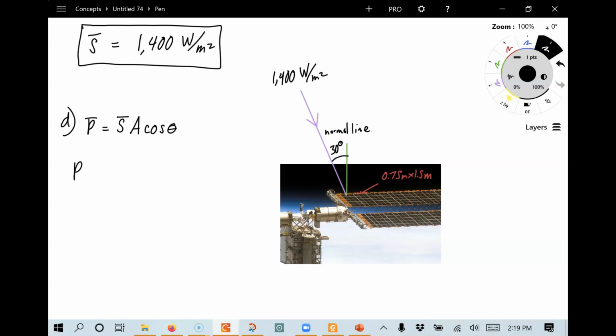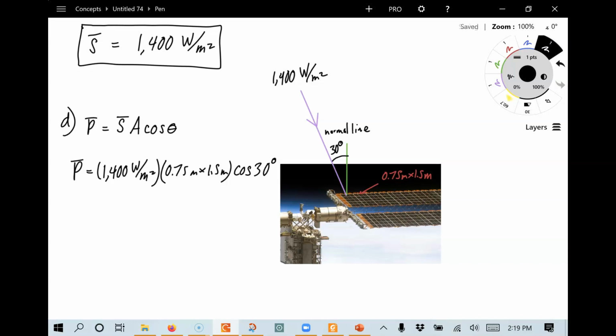So in this case, the average power is going to be equal to 1,400 watts per meter squared multiplied by the area, which is going to be 0.75 meters by 1.5 meters for the rectangle. And then we've got cosine of 30 degrees.